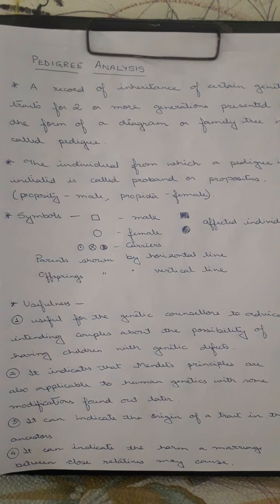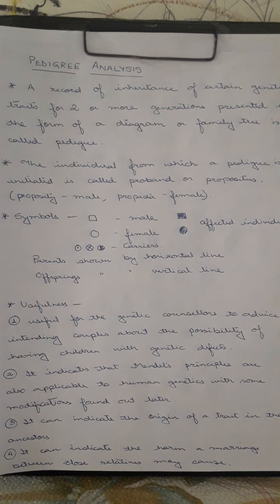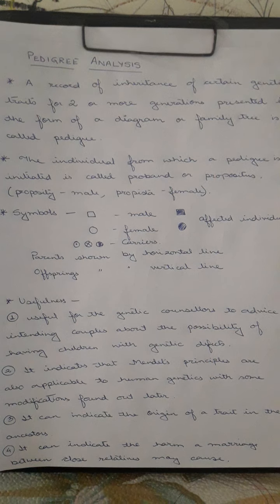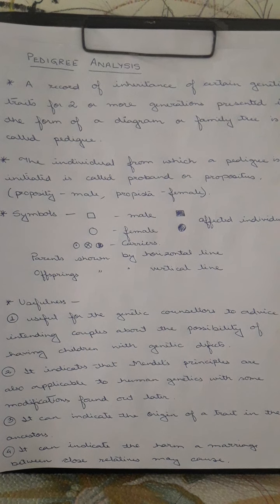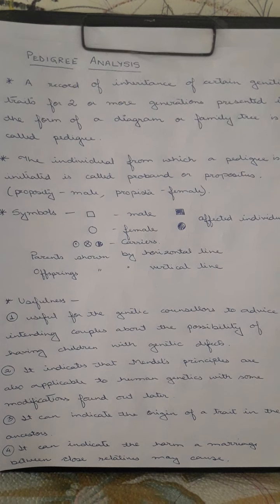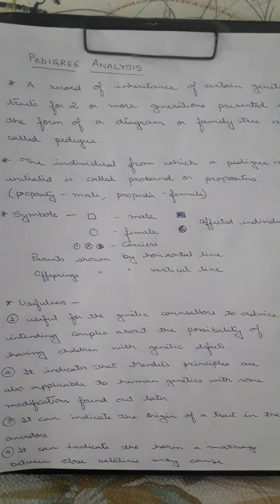Now, certain symbols are used for studying pedigree. The square symbol indicates a male individual, and the circle indicates a female individual. If the circle or the square is shaded, it indicates an affected individual, that is, a diseased person. If this type of symbol is given, it means these are the carriers.